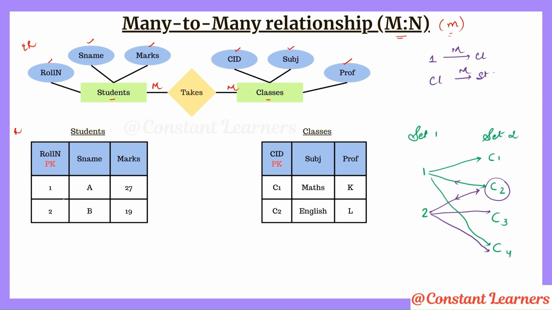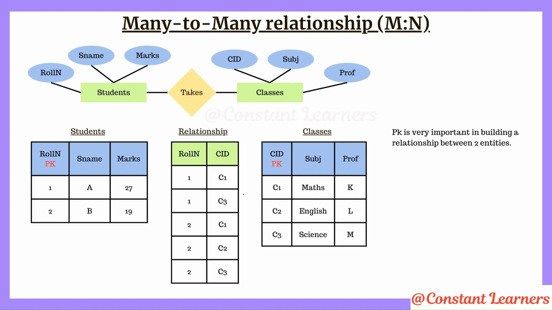Now we know that whenever we build a relationship between two entities, we use their primary keys, right? So again, we are going to build a relationship table using this primary key, that is roll number, and this primary key, that is class ID. So this is our relationship table.